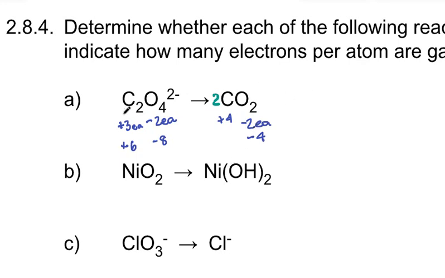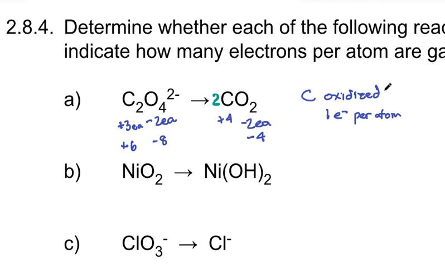Its oxidation state went from 3 up to 4, and if your state goes up, then you were oxidized or reduced? Up is oxidized. So the carbon was oxidized, meaning it lost electrons, and how many? Each carbon was +3, and it went up to +4, so 1 electron per atom.